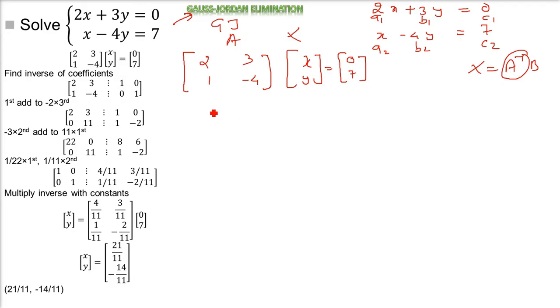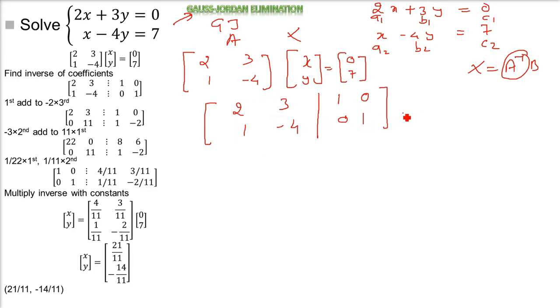For that, we have to use the augmented matrix. In Gauss elimination also we use this augmented matrix. So we'll take the coefficients of x and y here, make a vertical bar, and then put an identity matrix. This signifies that if I'm able to make the left one, that is 2, 3, 1, minus 4, the identity matrix, the right one is going to be the A inverse.